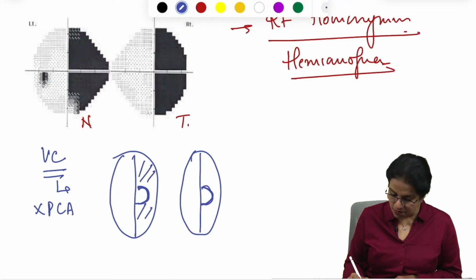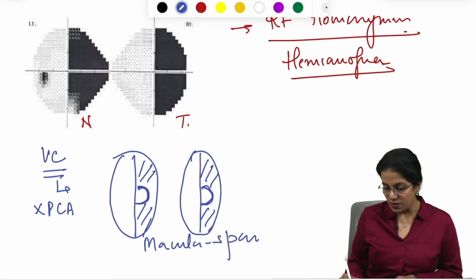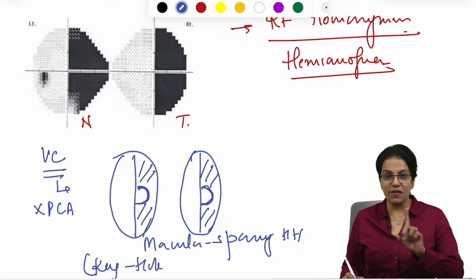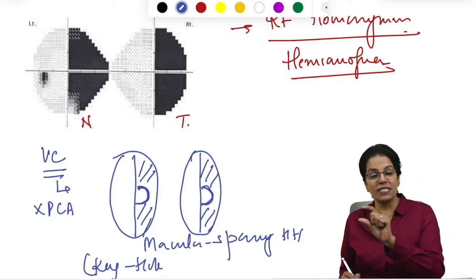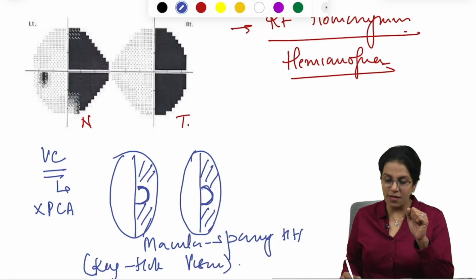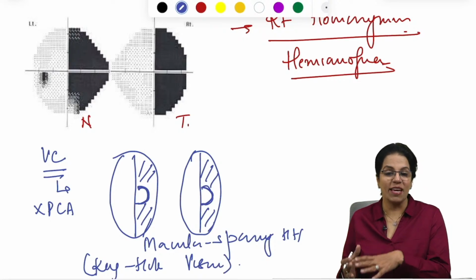As one of you had asked me, this macula-sparing homonymous hemianopia is what is called keyhole vision. Keyhole visual field defect is a feature of an LGB lesion. Keyhole vision is nothing but macula-sparing homonymous hemianopia.